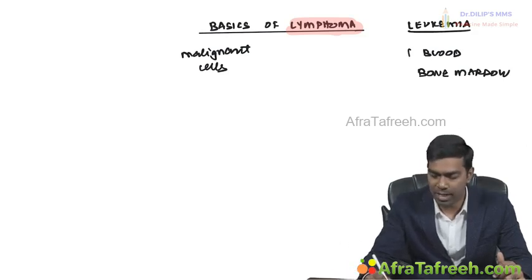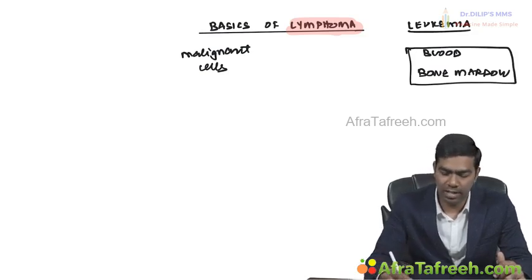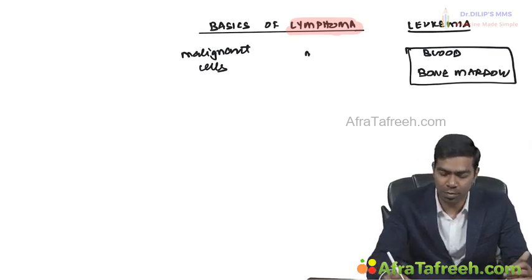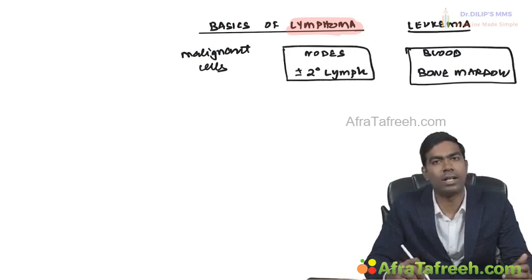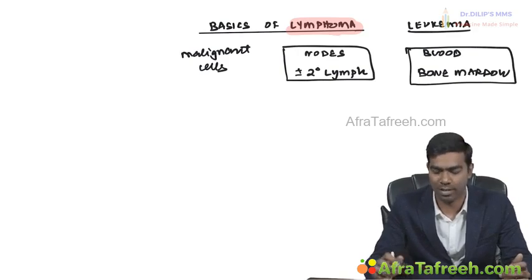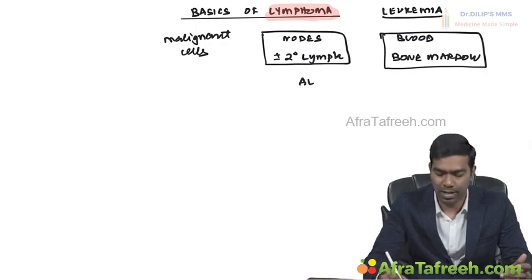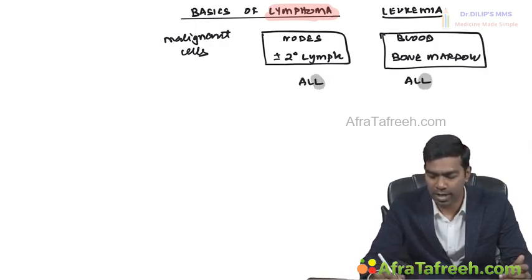But the same malignant hematopoietic cells, if they are not circulating exactly, but are sequestered in the lymph nodes or the secondary lymphoid organs, not the primary lymphoid organs, I'm going to call that a lymphoma. As simple as that, isn't it? The best example is ALL, where ALL can be leukemia or ALL can be a lymphoma also.